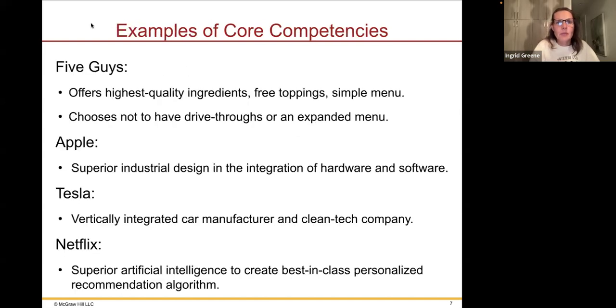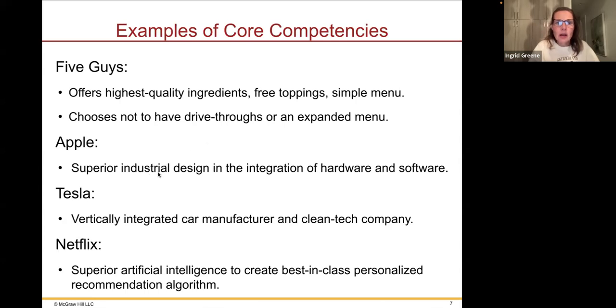Here are some examples of core competencies. Five Guys offers the highest quality ingredients and free toppings, which I think is so interesting. A simple menu. They choose not to have drive-throughs or an expanded menu, especially living here in LA with a small child, I really look for drive-throughs, but they say they're not going there.